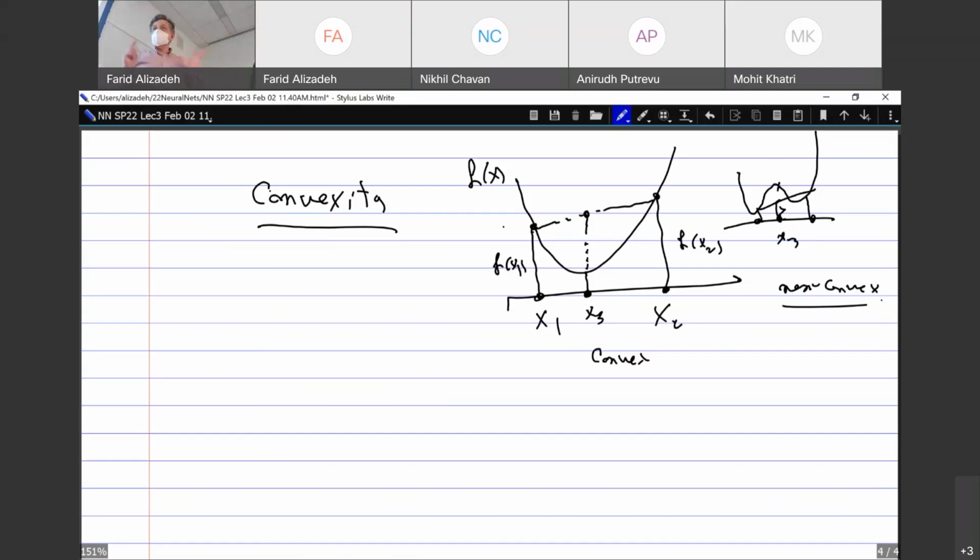Okay, so that's a convex function. This is a fancy way of saying that basically this function is bowl-shaped. And the key property is that there is only one minimum. Such a function has one minimum. Okay, so that's good. If you're trying to minimize this function, you're only looking for one thing.